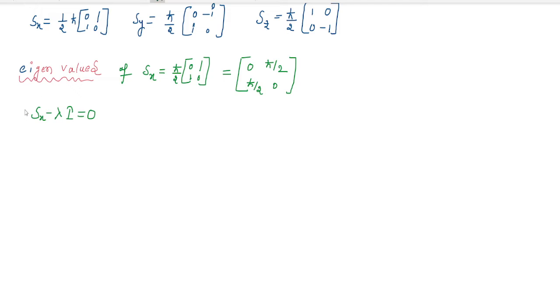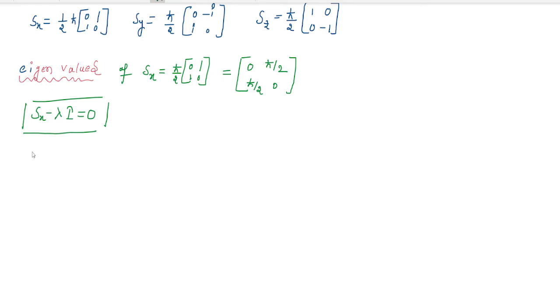This is the eigenvalue equation formula, right? To find eigenvalues, A minus lambda I equal to 0. Here A is the matrix of the given element, and Sx is the given element.